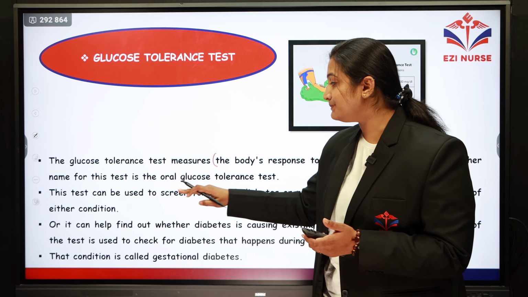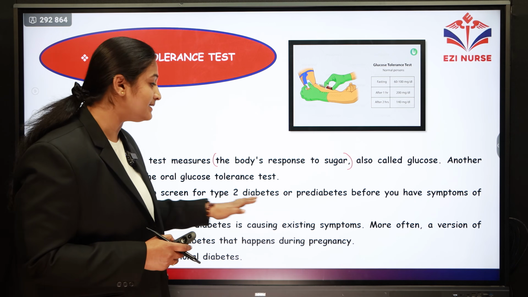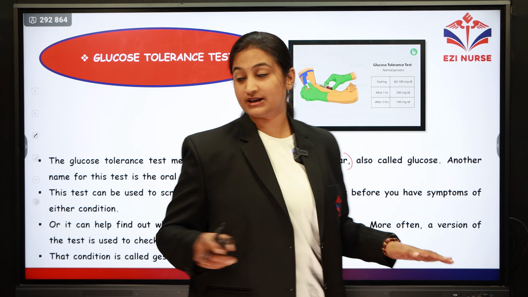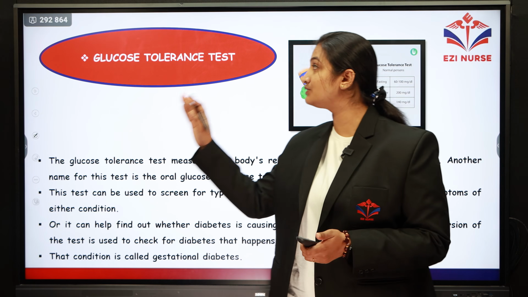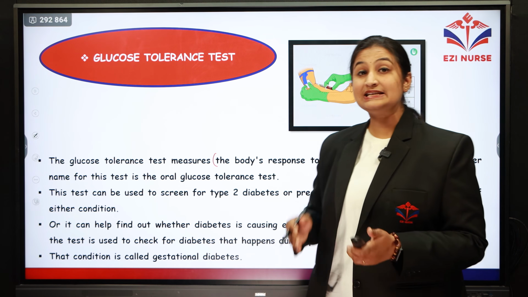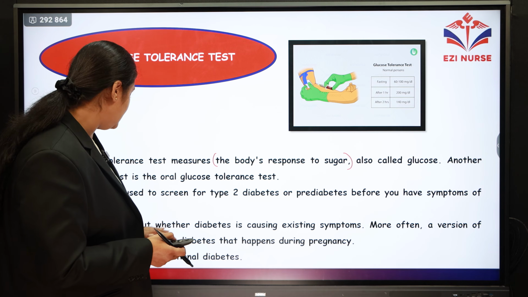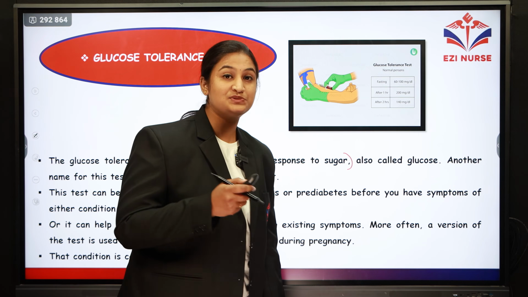This test can be used to screen for type 2 diabetes or pre-diabetes before any symptoms occur in the body. So in either condition, you can do this glucose tolerance test. It is used to find out whether diabetes is causing existing symptoms or not.